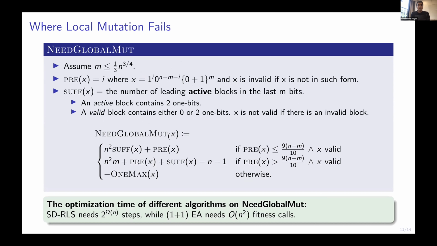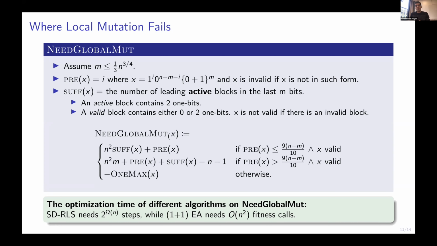In the paper, we also present a function where stagnation detection with RLS cannot find the global optimum in polynomial time, because measuring the number of successes doesn't hint at the location of the global optimum. I'm not going to talk about the details, but the main idea is that the NeatGlobalMute function contains two sub-functions, prefix and suffix.